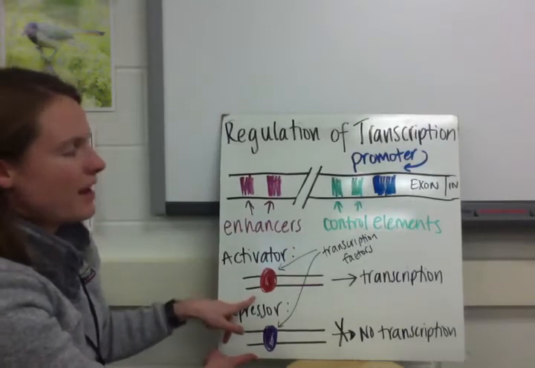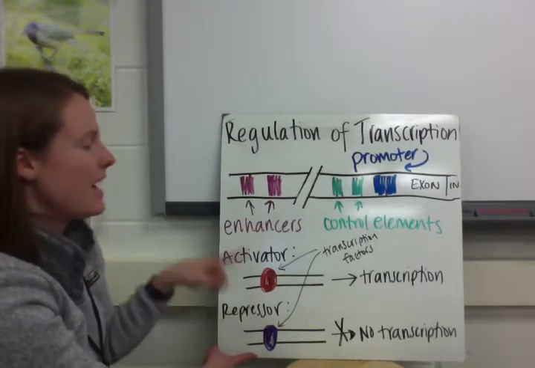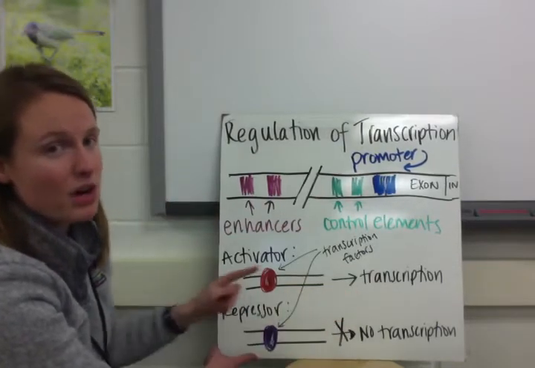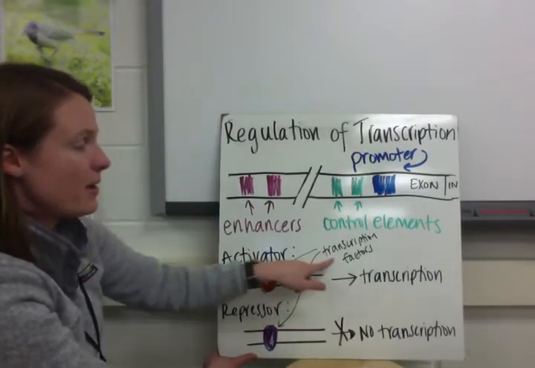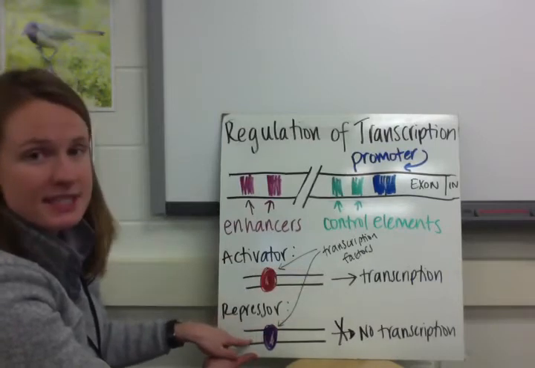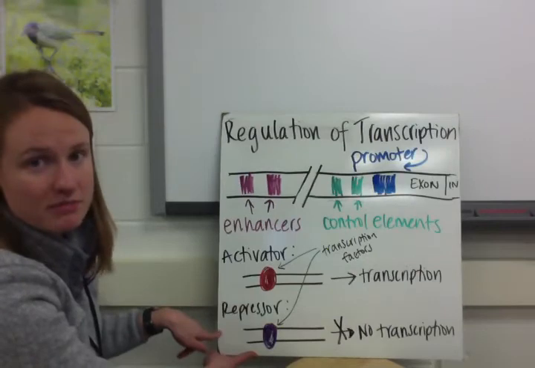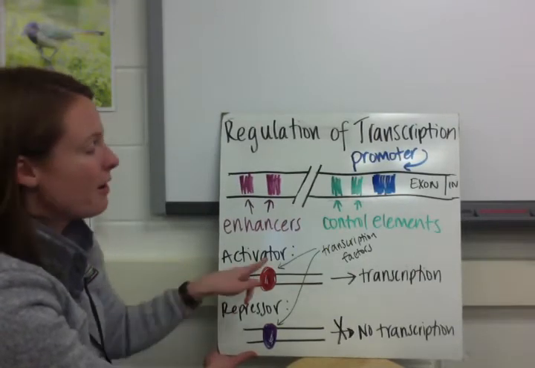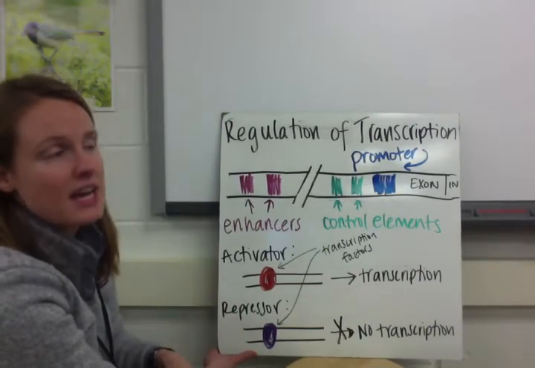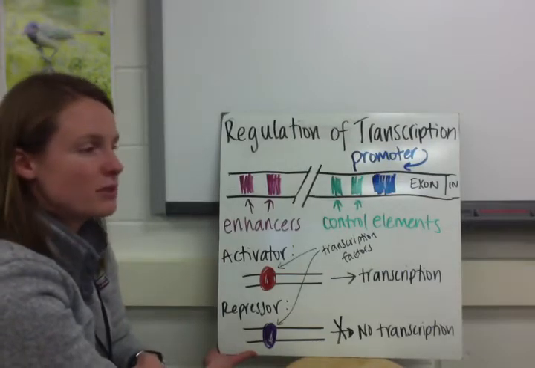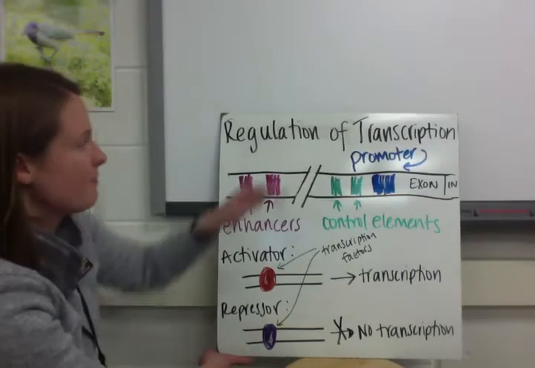If a transcription factor binds to DNA and it activates transcription, transcription happens, we call it an activator. If when a transcription factor binds to DNA, transcription is not happening, that's called a repressor. It's repressing that gene. There are many different transcription factors, and there are many different ways that they can bind together to influence the expression of different genes.